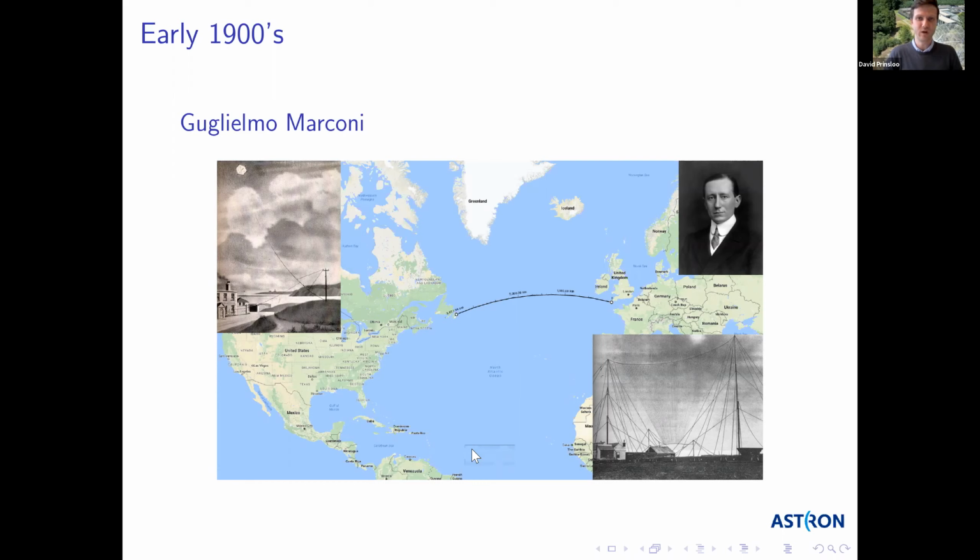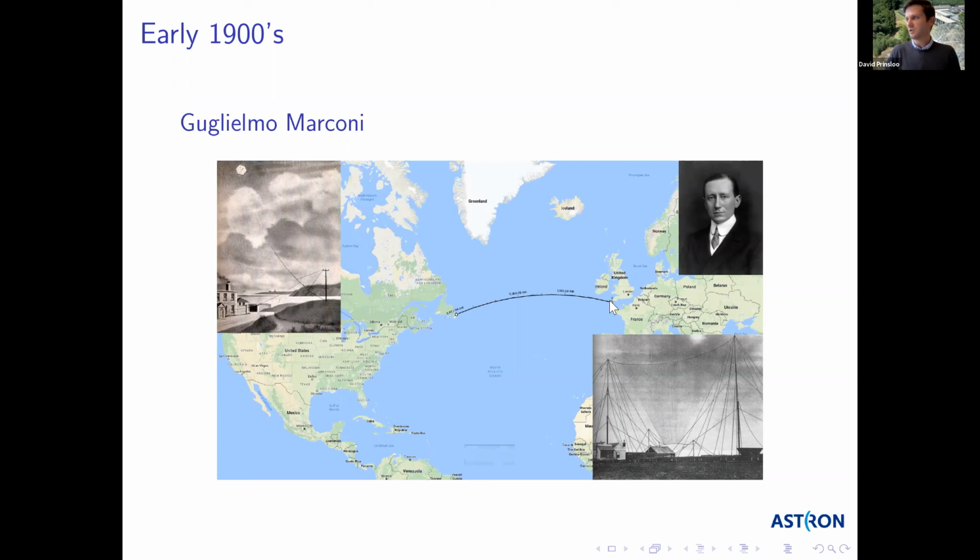And I think this is quite well known as well. What he achieved was he placed a transmitter in Cornwall, in England, and a receiver in Newfoundland, in Canada. And he managed to transmit a single letter, the Morse code letter S, which is just 3 ticks, across the Atlantic Ocean.